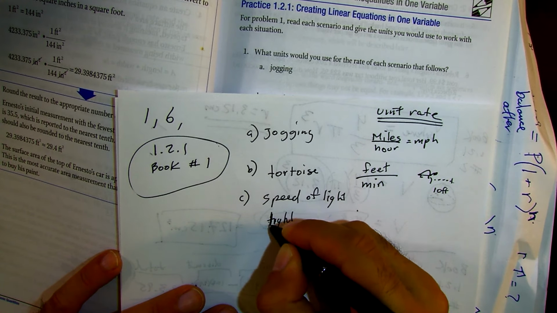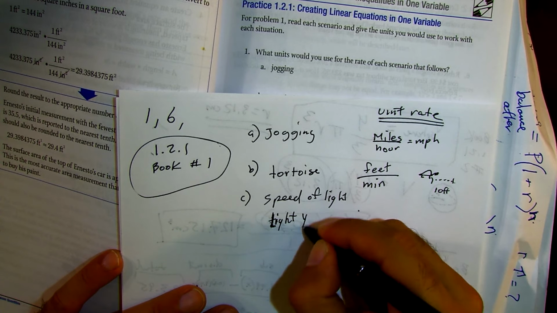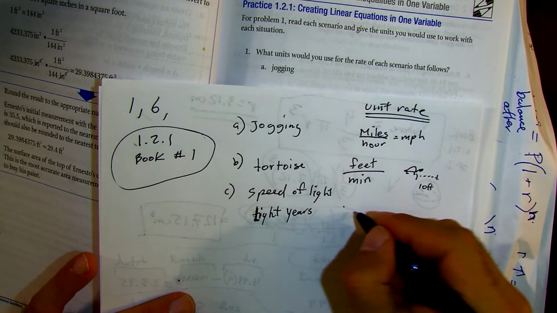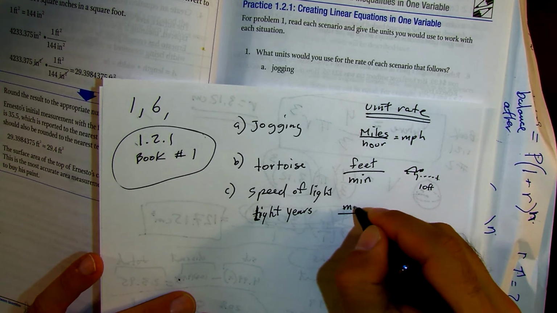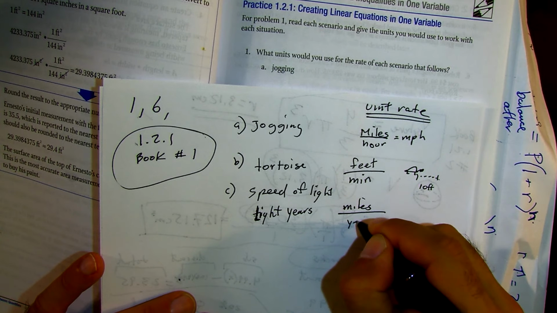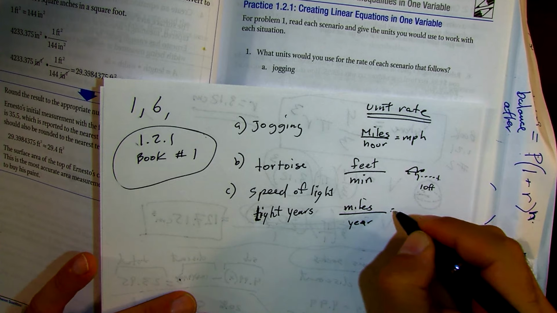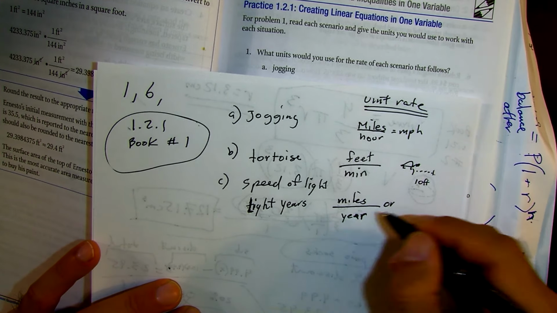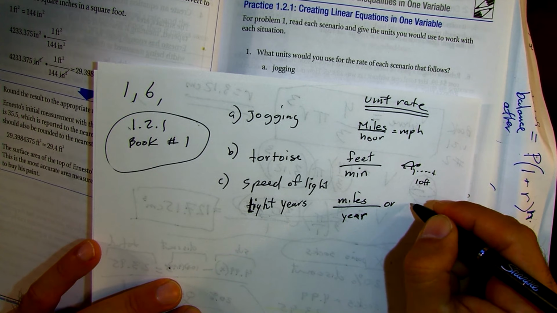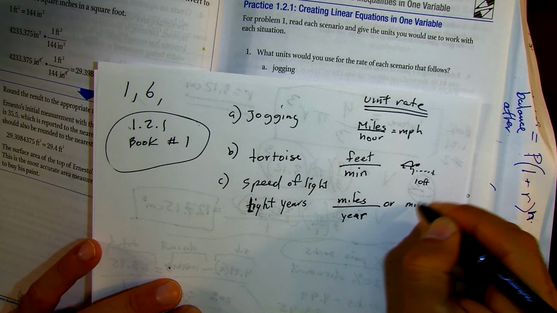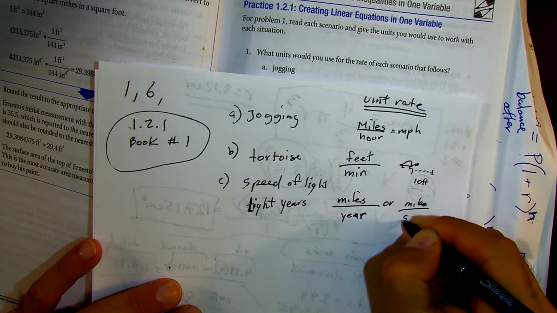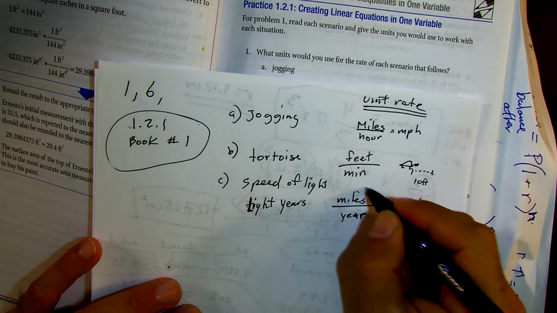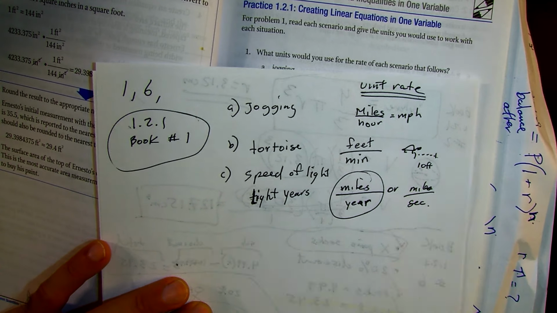So with light years, we have miles per year. This one's kind of ambiguous, and you could say it's even miles per second. All right. So miles per year is light years. That's what that's going to give us. But we could also say that we're just talking about miles per second.